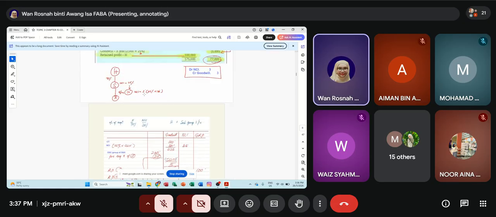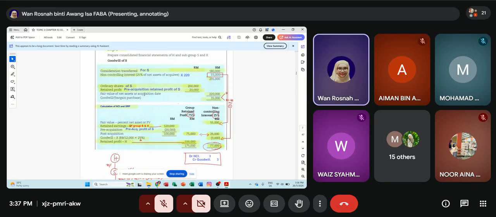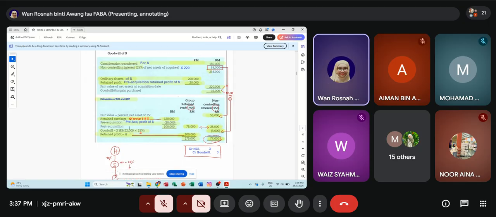Okay. So here, nampak tak pengiraan dia? Okay, fair value of net asset 120,000. You less pre-acquisition 100,000, and it is shared between group retained profit 75% and non-controlling interest 25%. So the goodwill of X, 15,000 ni consists of goodwill of X, which you have to eliminate from the non-controlling interest.